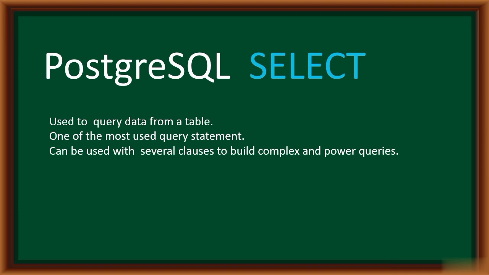There are several ways you can build a SELECT statement, but let's have a look at the basic syntax you can use. A syntax basically refers to how something is written. So for a very basic SELECT statement, you can specify the column.